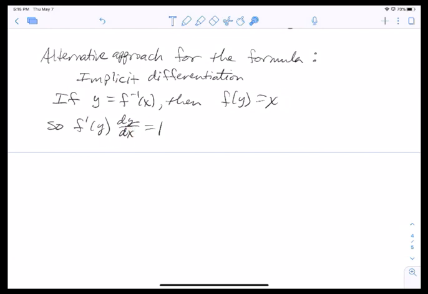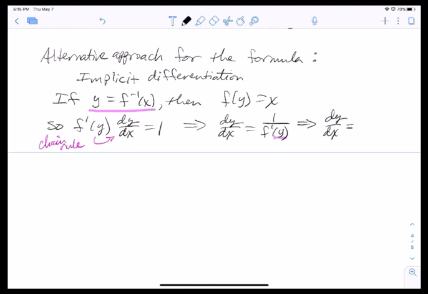And you remember, I'm sure, that if your inside function is not x and you're differentiating with respect to x, you end up with a derivative of the inside function. Really, this is the chain rule. Solving for dy dx, we get that dy dx is then equal to 1 over f prime of y. And doing the same kind of substitution that we saw a few minutes ago, y can be replaced by f inverse of x. So dy dx then becomes 1 over f prime of f inverse of x.